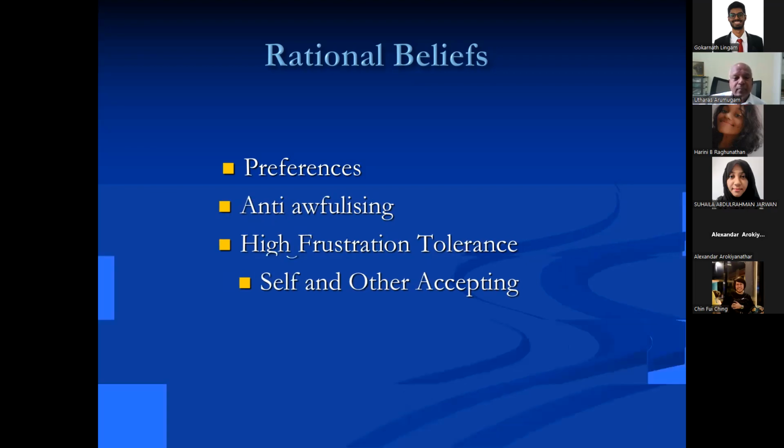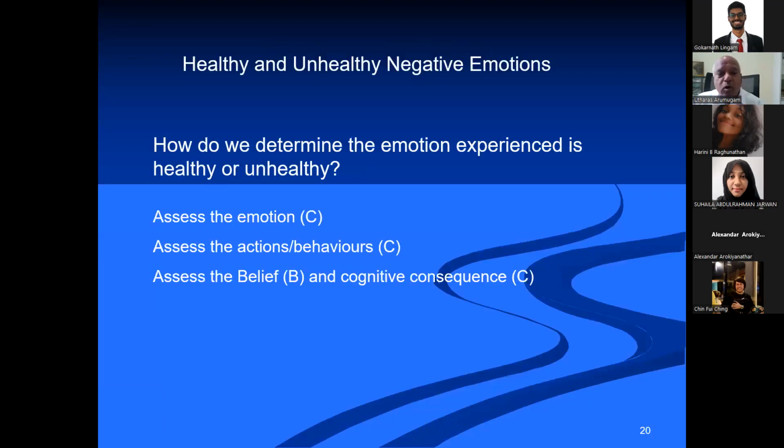Normally, I know you don't have to worry, but you need to understand the ABCs and how they work. A is the activating event, and the belief, how you perceive the activating event, leads to the C. A doesn't cause the C. When somebody says so-and-so made me angry, they're talking about A causing the C. So usually we distinguish healthy and unhealthy negative emotion.